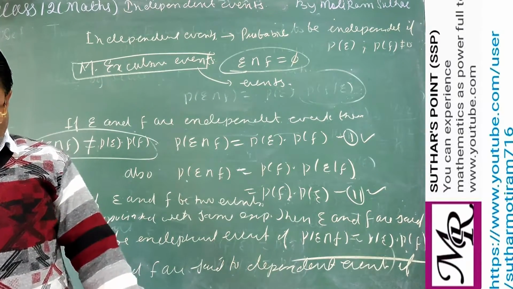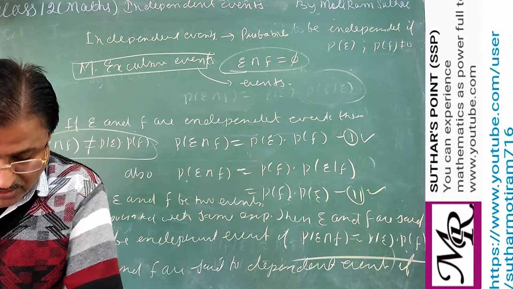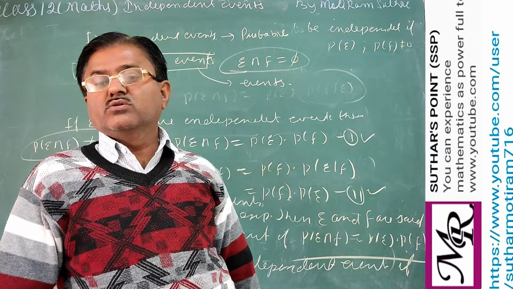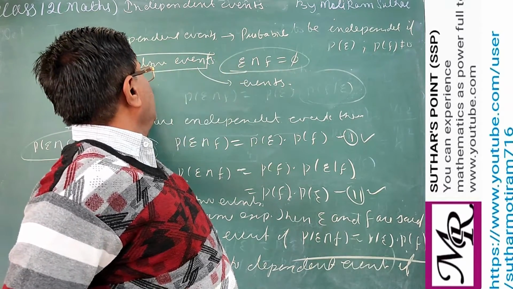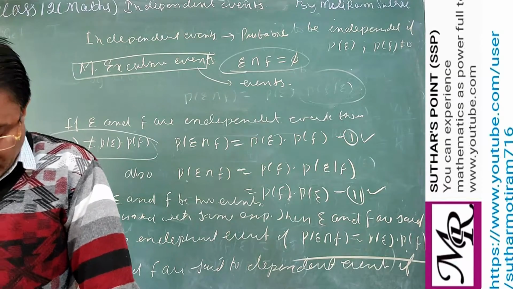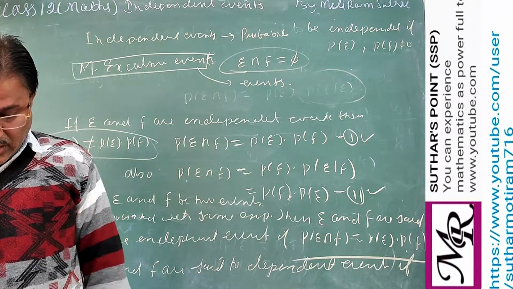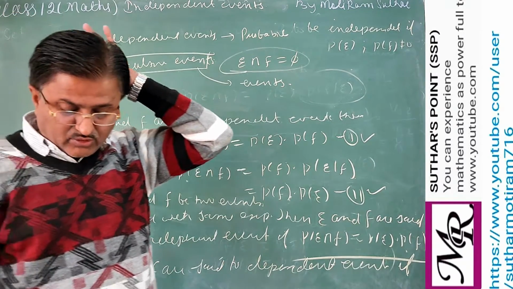Clear? In other words, two independent events having non-zero probabilities cannot be mutually exclusive, and two mutually exclusive events having non-zero probabilities cannot be independent. So these are two different things.